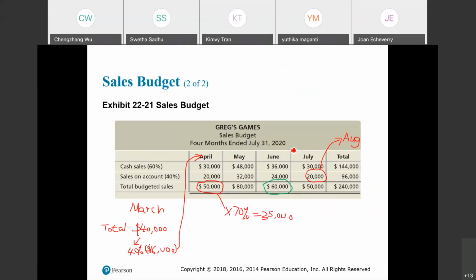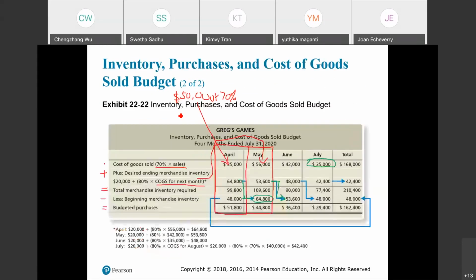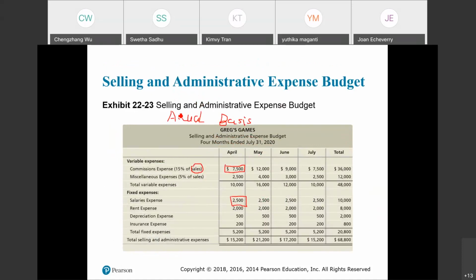So the sales amounts can be found right here, in the slides shown previously. And another part of variable expense is the miscellaneous expense. That is 5% of total sales.